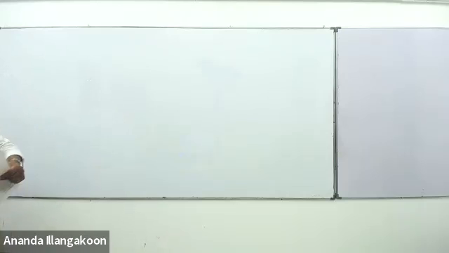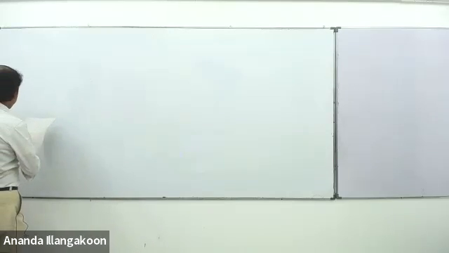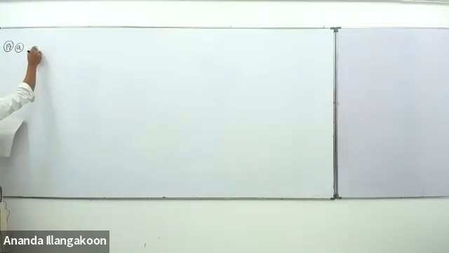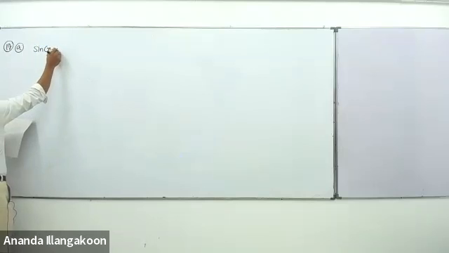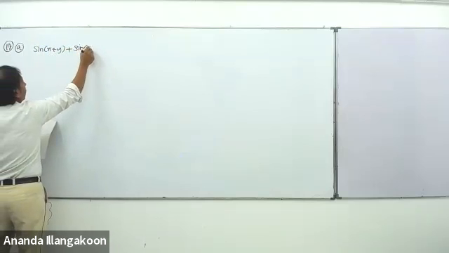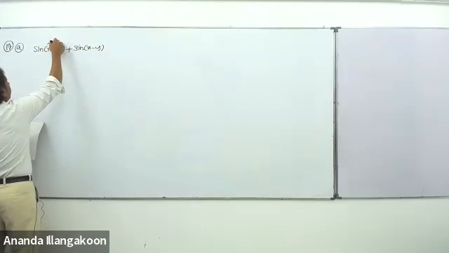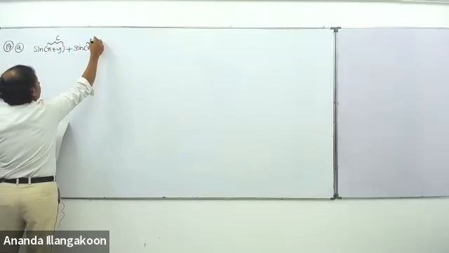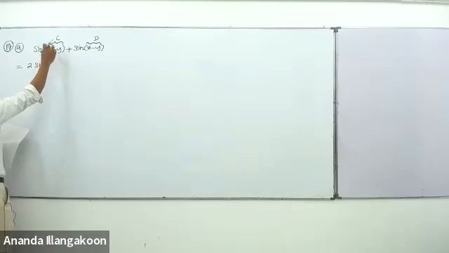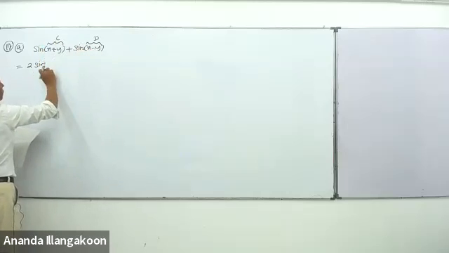Sin x plus y plus sin x minus y. We have to do like this. Sin x plus y plus sin x minus y. Right. Take this as your c. This as your d. Sin c plus sin d formula you can remember, no? 2 sin c plus d divided by 2. What do you get?